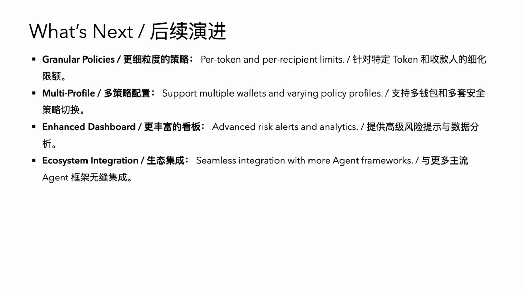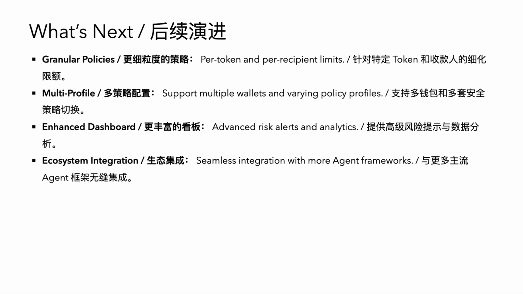This project is currently a practical local MVP, but there are several directions for future improvement. One direction is more granular policies such as per-token limits, per-recipient limits, and program-specific rules. Another direction is multi-profile support. Different wallets or different agents may need different risk profiles.